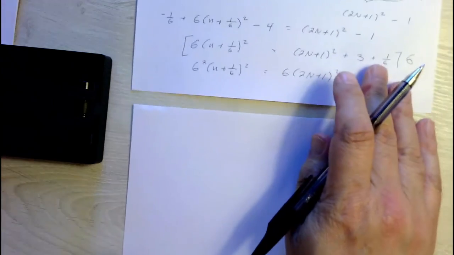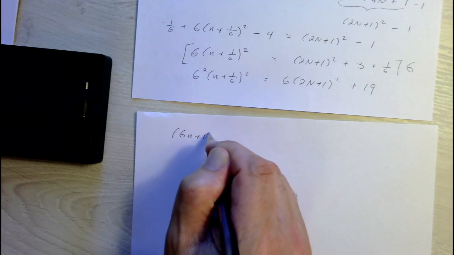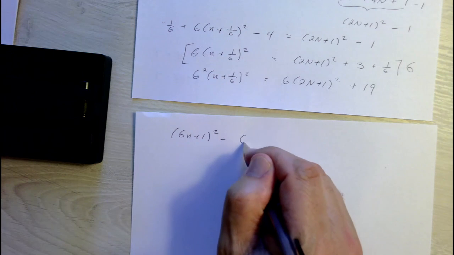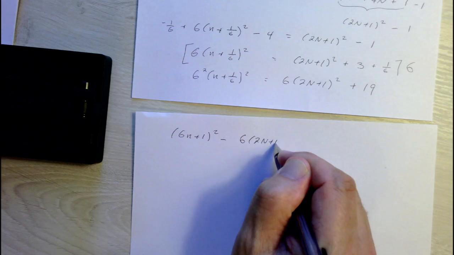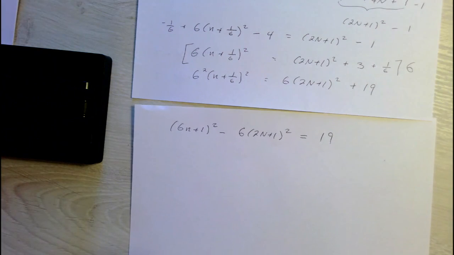And so now we can finally rewrite this as 6n plus 1 squared. We can take this over to the other side, minus 6 times 2n plus 1 squared equals 19.